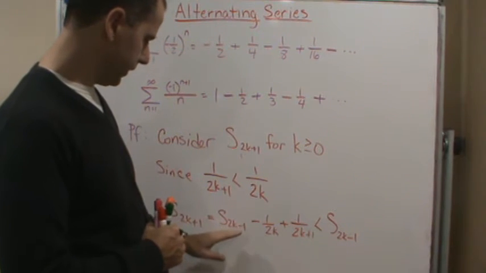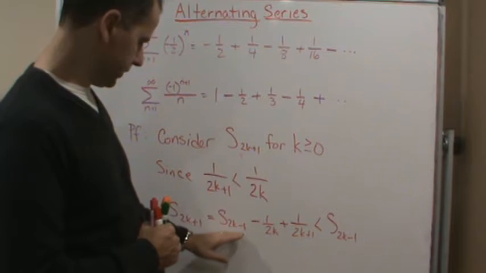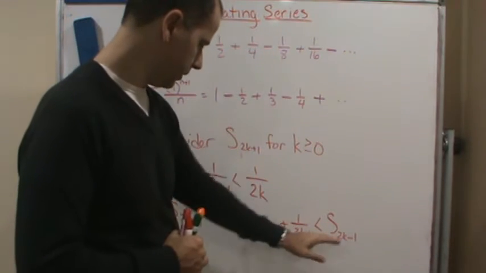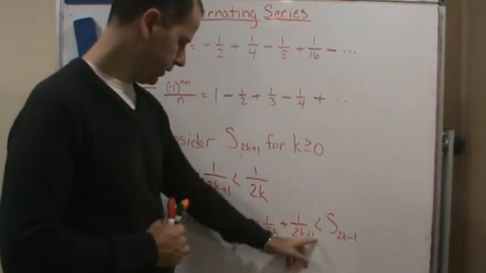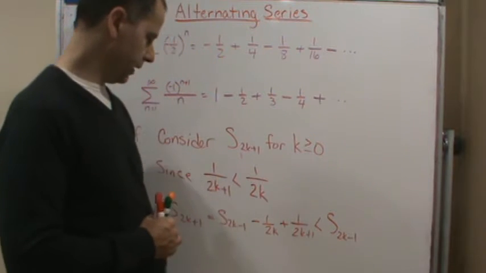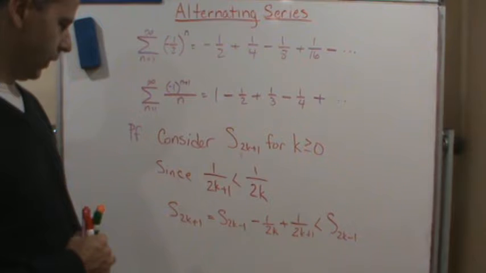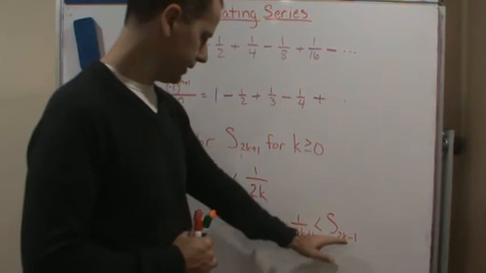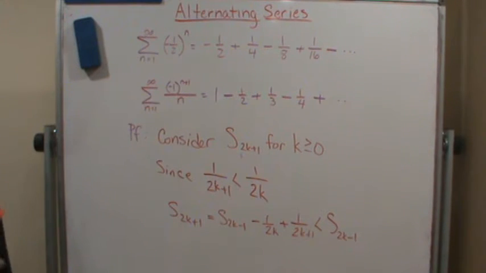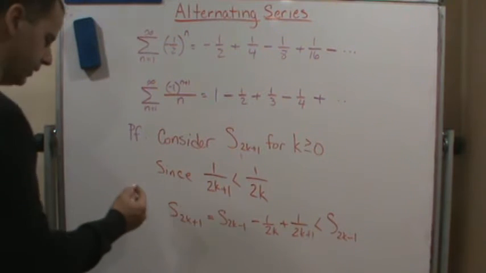To get to this, you're subtracting something from this, so it's going to be less. So this is ultimately a negative value, and this is going to be less than this. Now, that means that this is a decreasing series.